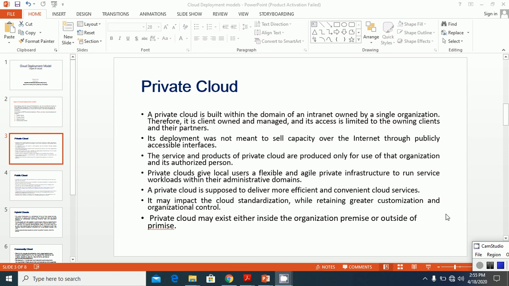Now, as compared to the other deployment models, the private cloud has a few drawbacks. The drawback may be higher cost. Since it is owned by a single organization, higher cost of operation and maintenance is possible.